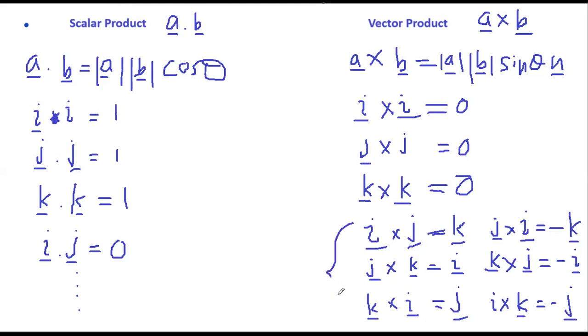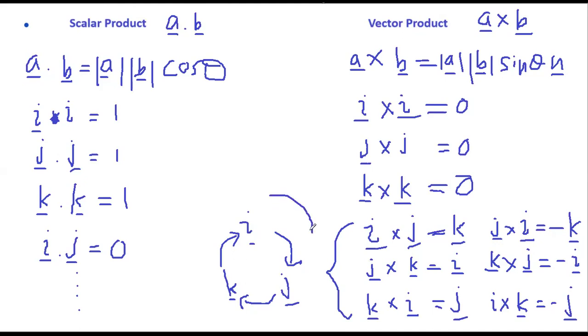To find the sign of the unit vector, you can use I, J, and K in ascending order.